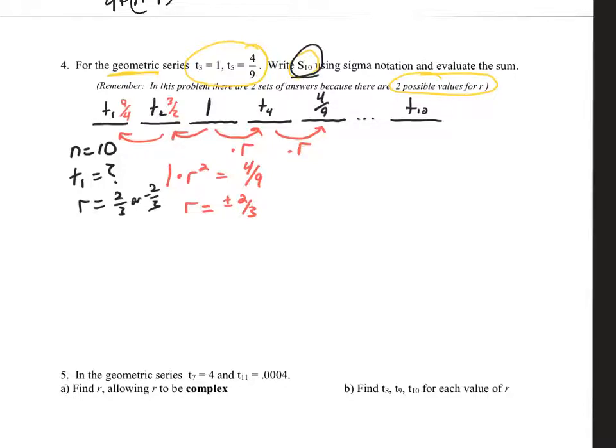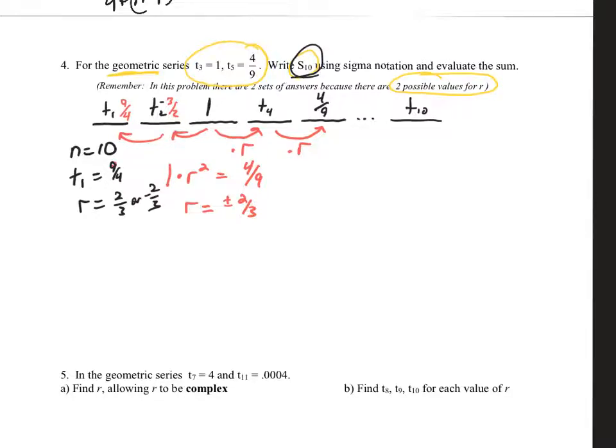So T1 now is 9/4. Actually, T1 would be 9/4 even if r was negative 2/3, because if it was negative 2/3, T2 would be the value that was negative, and then T1 would then be positive again.